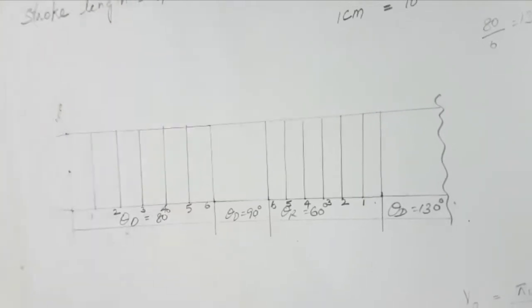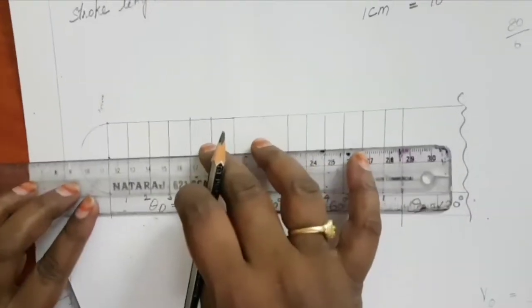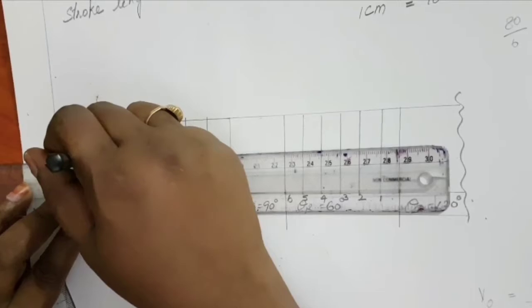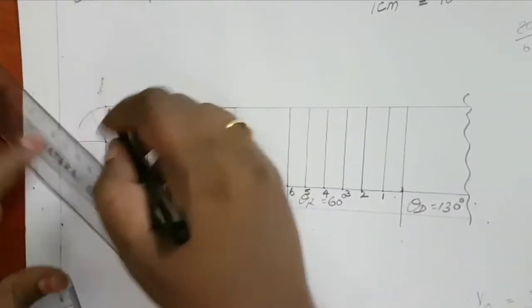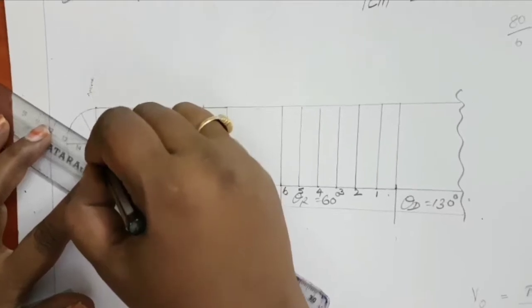Now I am making exactly 6 equal parts by taking 30 degrees.